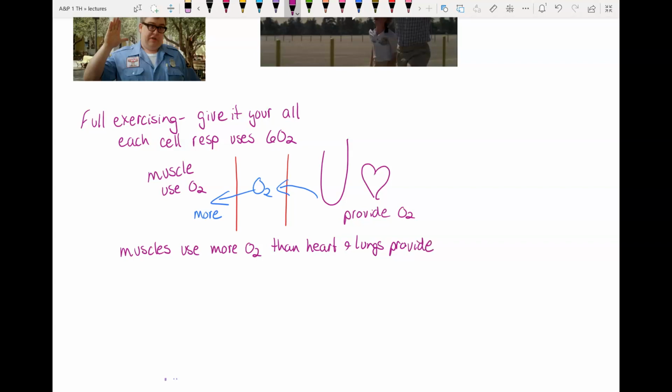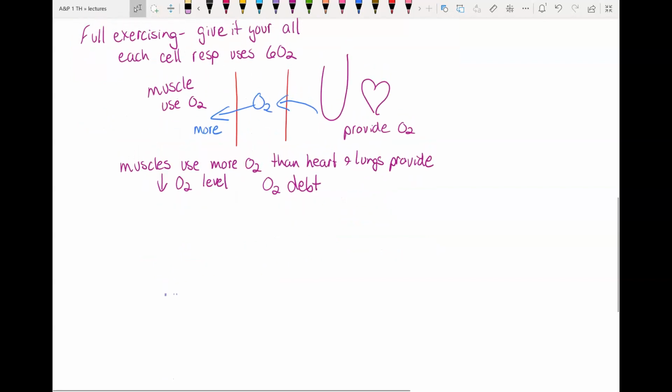The result of this is a decrease in your blood oxygen level. And you go into a state of oxygen debt. Once you're in oxygen debt, you can no longer supply oxygen to every cell. You have to start rationing.